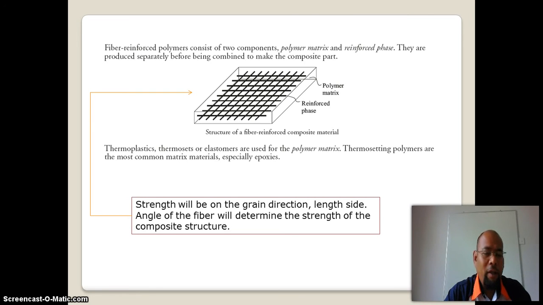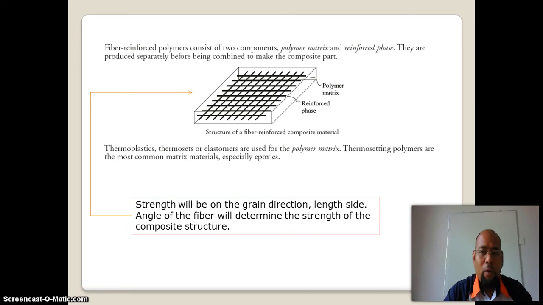If you have the matrix by itself, when you cure it, it becomes brittle. If you have only the reinforced phase or the fibers, it's just like our shirt or a textile. There's no strength in it. Only when you combine these two components together can you produce the strength of composite parts.